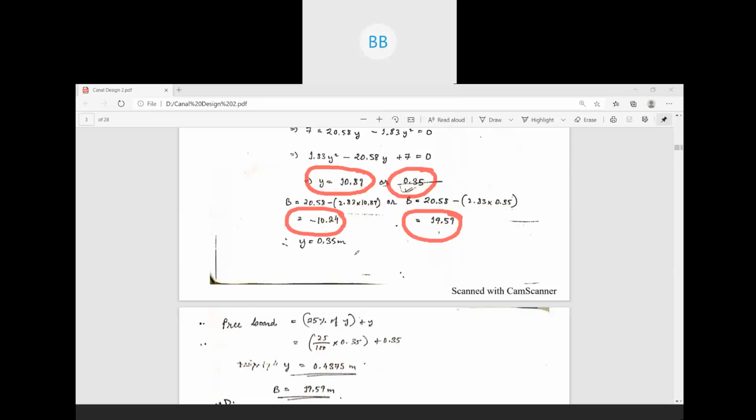One will be negative. You cannot consider the negative value because our width of the channel cannot be negative. So that is why these are our correct values. y is equal to 0.35 and the width of the channel is 19.59 meter.